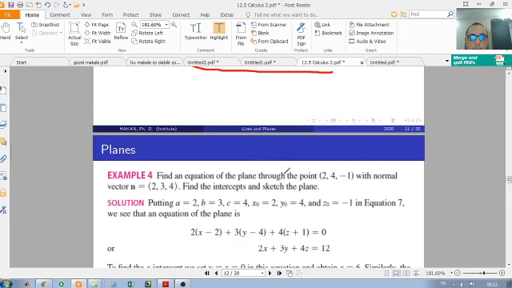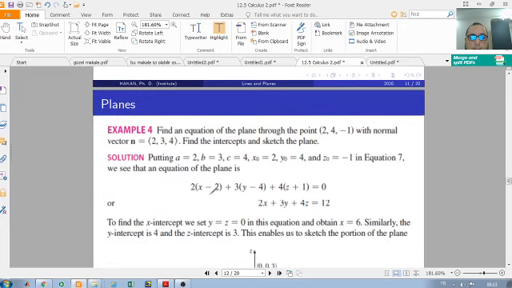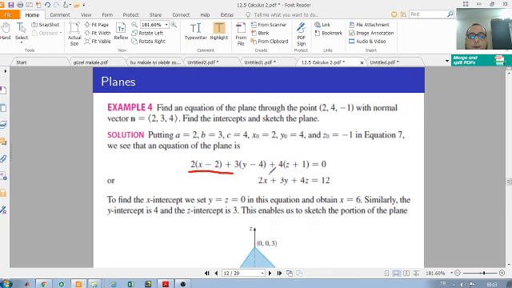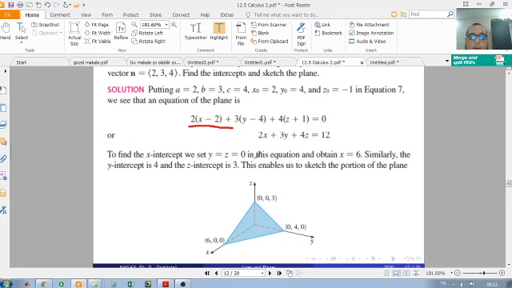Writing them in the formula and arranging, we can write 2x plus 3y plus 4z is equal to 12.